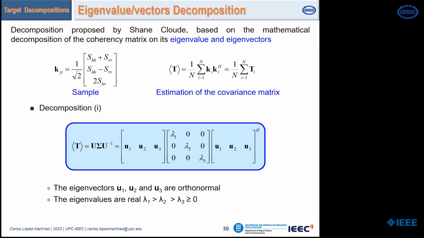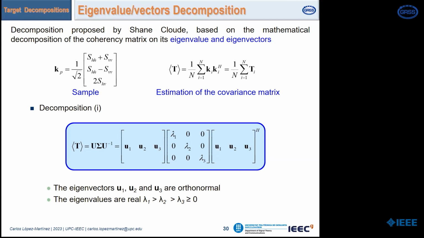The only problem of this decomposition, which works very well, is the physical interpretation of these elements, because it's mathematical. It doesn't look at the physics. The problem of using this decomposition is the physical interpretation of the scattering mechanisms into which I divide the matrix.